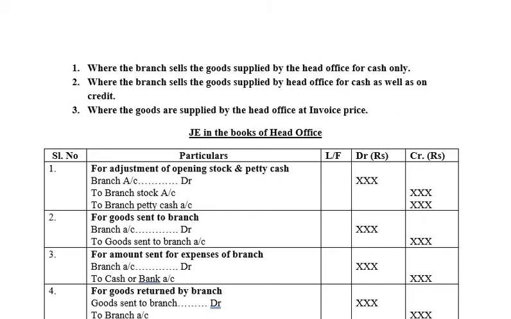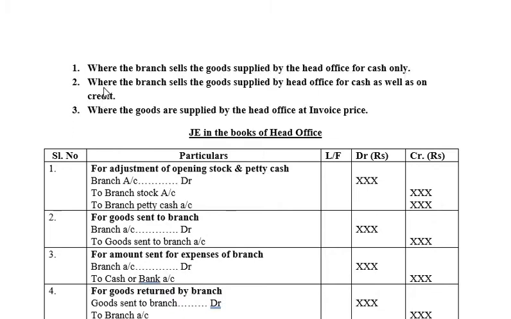In the previous class we were dealing with how the head office prepares the accounts when the goods are supplied for cash. That was the first type we have seen, where the branch sells the goods supplied by the head office for cash.